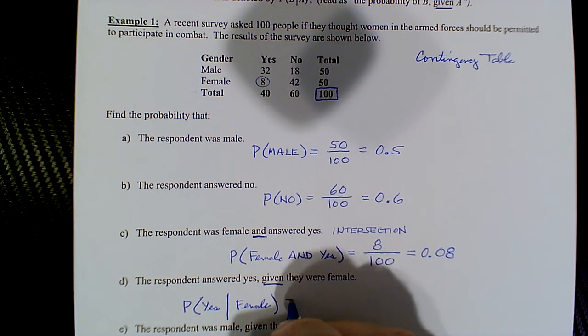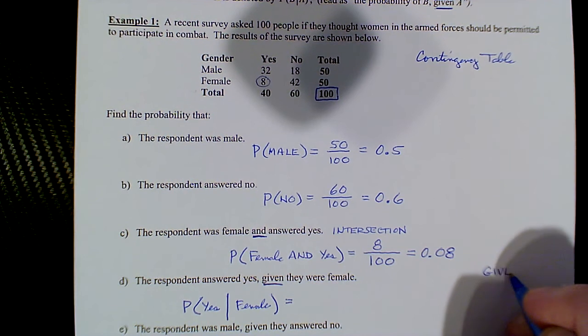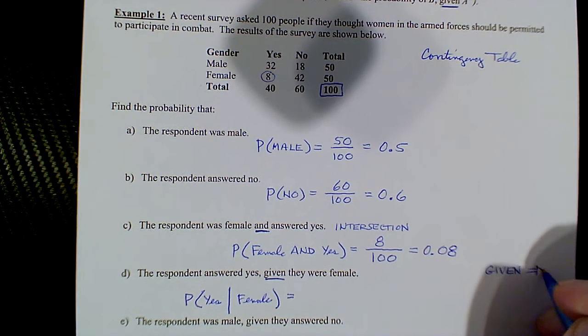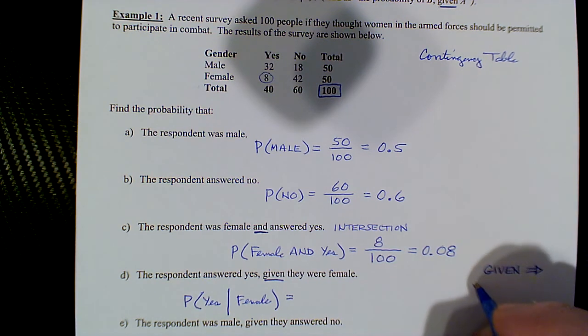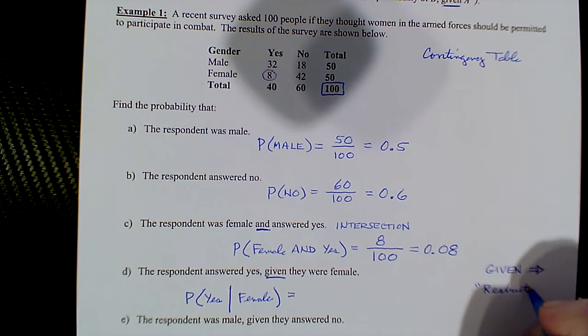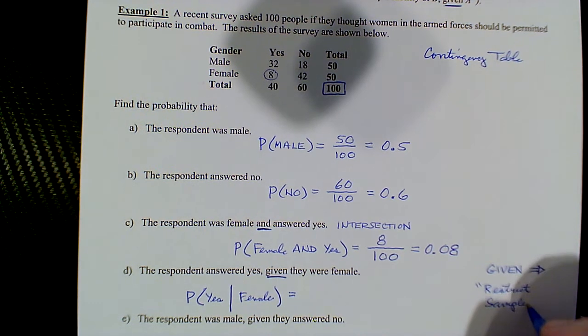And when you're dealing with the givens, what I'm going to suggest is this. When you ask a conditional probability where we're given one event is assumed to have occurred, think of restricting the sample space.